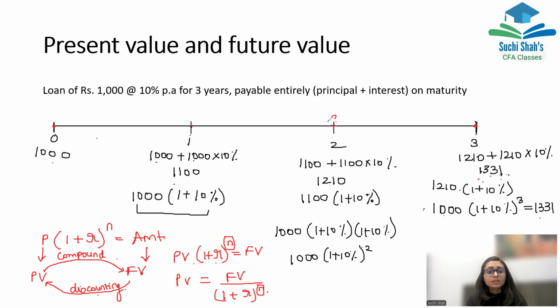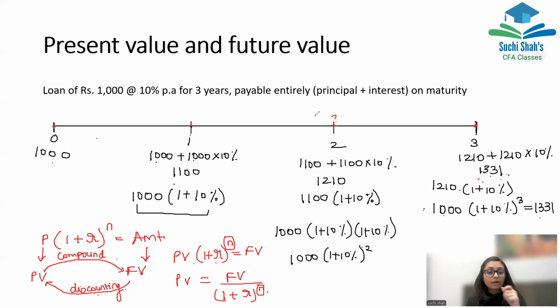Okay, and this is the most important concept of entire time value of money and its application in various subjects such as equity, fixed income. Yes. Key, how do you move along the timeline? So question will tell you, you are standing at some year 3, you want value at year 5.